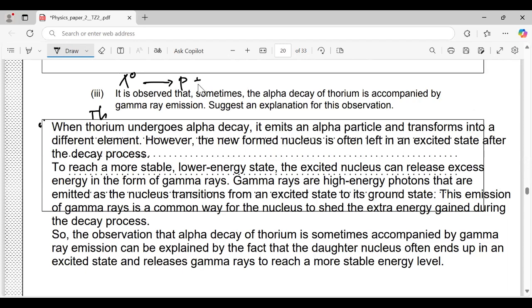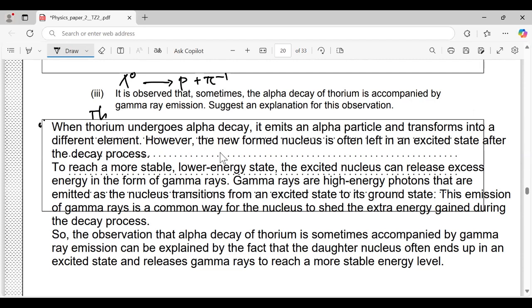Proton plus ion. So the binding energy is, thorium becomes radium and helium. So when thorium undergoes alpha decay, it emits an alpha particle and transforms into a different element.